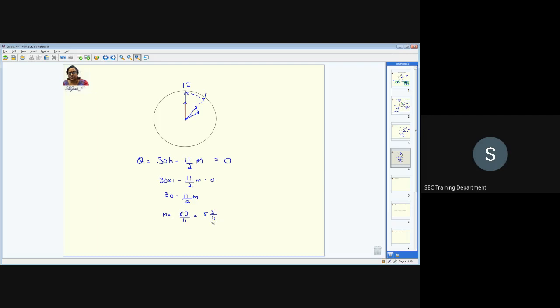So 5 5/11, and this is only minutes. Already I said it is happening after 1 hour, so it's going to be 1 hour plus 5 5/11 minutes, or I can say 60 plus 5 5/11 minutes. So the time taken for both the hands to coincide with each other is nothing but 65 5/11 minutes. That's the answer.